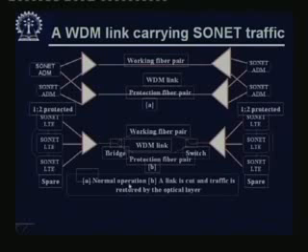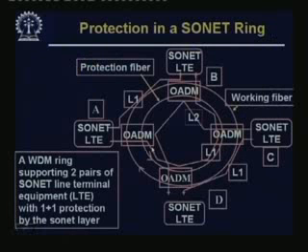Okay. A is the normal operation, and the B link is cut and the traffic is restored by the optical layer. That means you automatically assign new wavelengths or new paths through the fiber, etc., to bring it up. So this you may do at the optical layer rather than at the electronic layer.